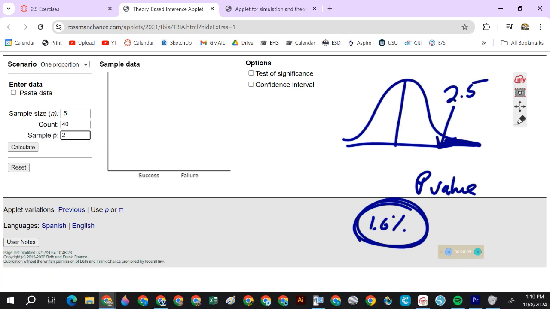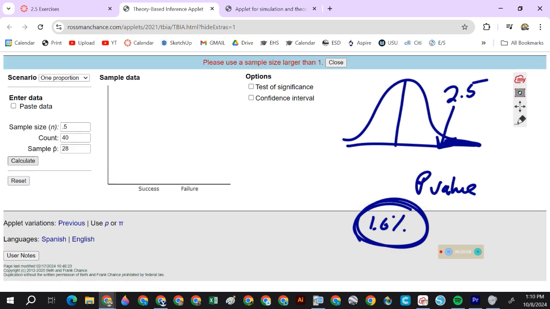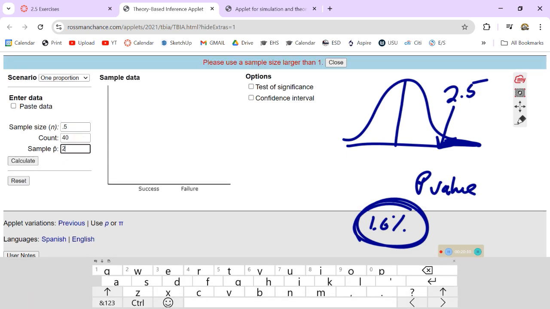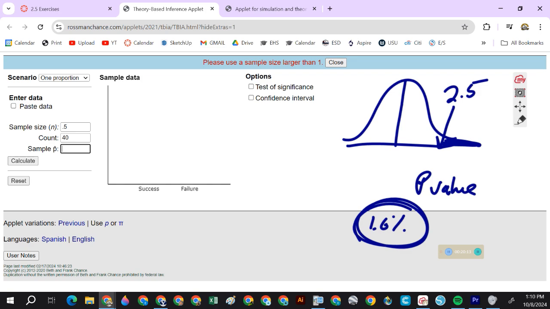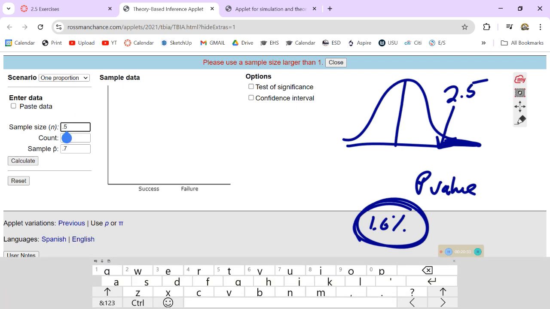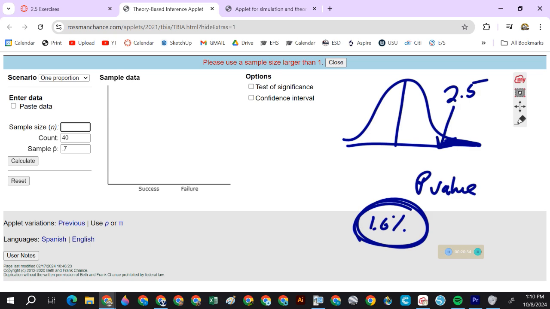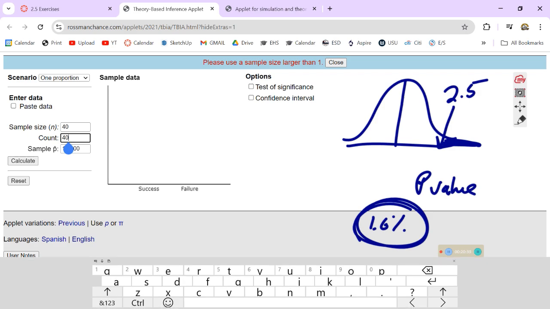Well, let's try it. I don't know. Let's see what happens when we do that. It failed. Okay. So 28. 28 divided by 40 is 0.7. What am I doing wrong? Oh, geez. Sorry, guys. My sample size is 40. And my count, oh, that's how many I'm doing.